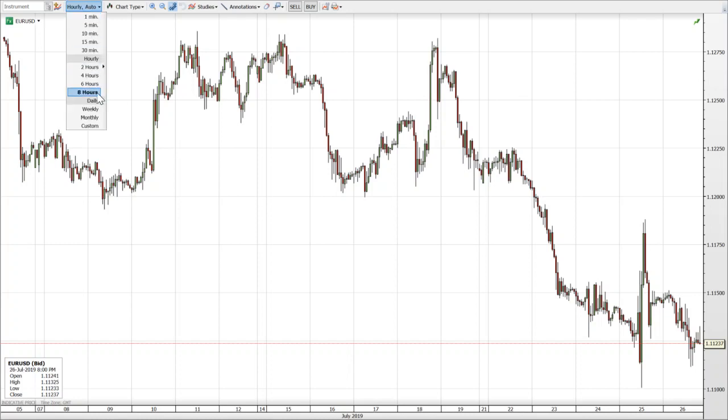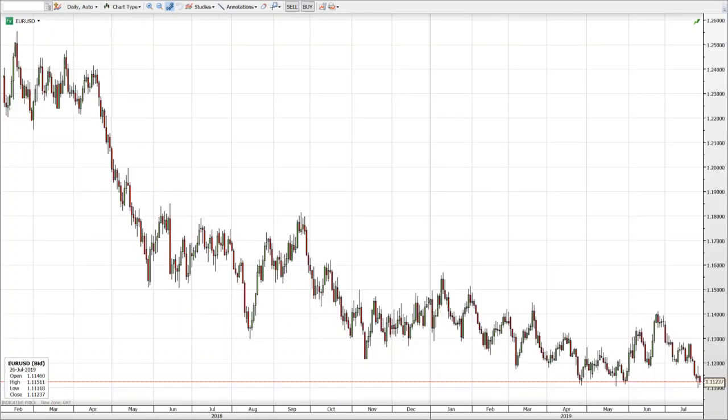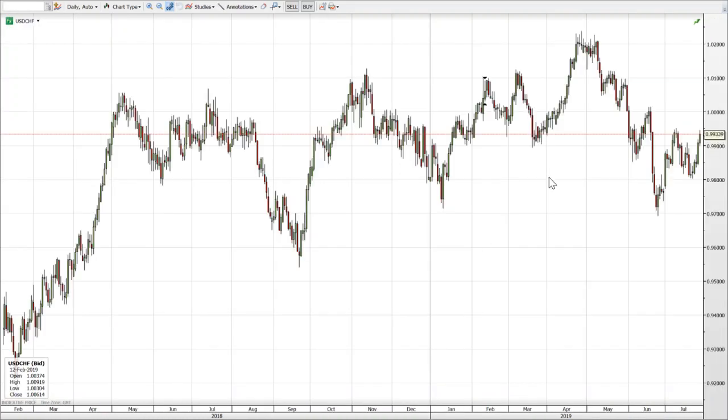Now we can have a look at the currencies against the US dollar in general, and it does seem that that weakness is reflected in the euro. Once again, we're seeing that in the US dollar against the Swiss franc as well.